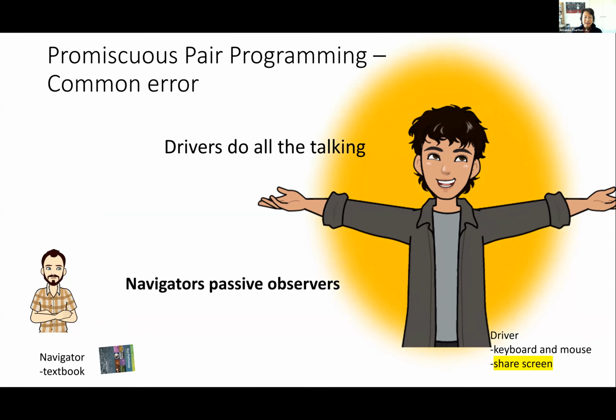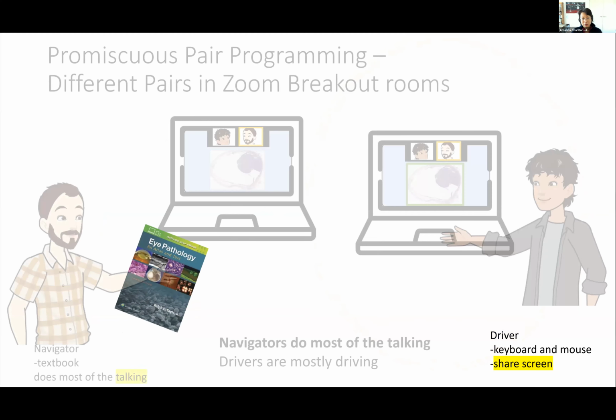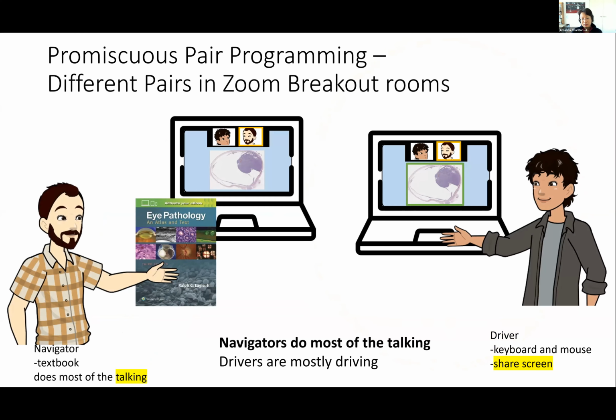The navigator becomes a passive observer and doesn't contribute to the learning pair. And the driver has the sun shining out of somewhere and thinks he's marvelous, but this is not how pair programming works. So to remind you, the navigator does most of the talking, the drivers are mostly driving.